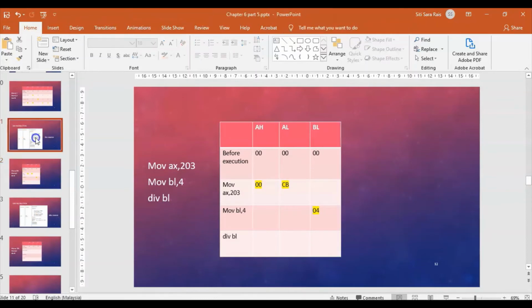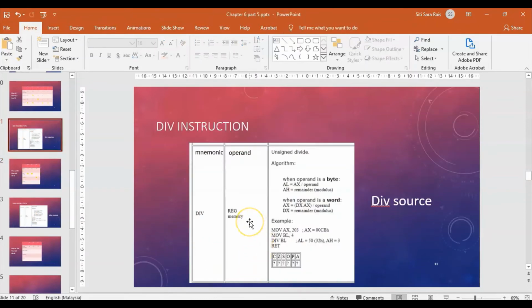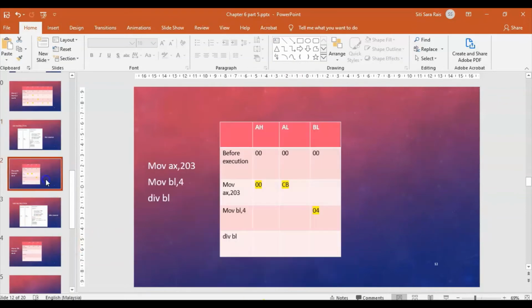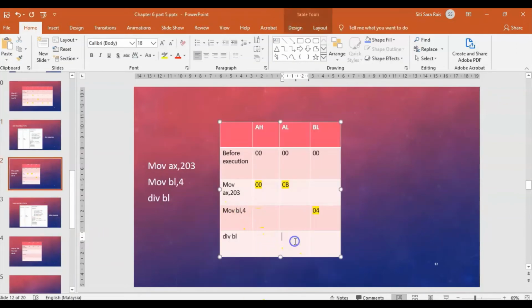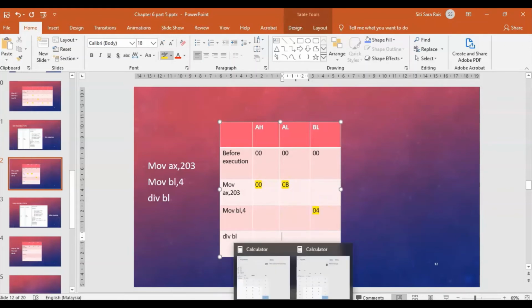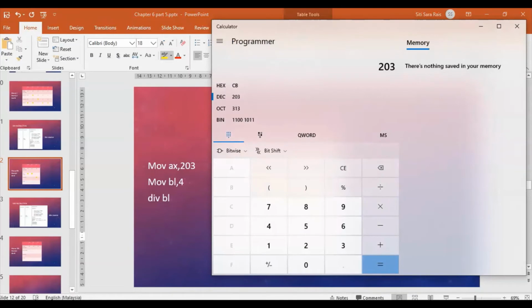Go back to our instruction set. AX will be divided by the operand and saved in AL, so AL will change. It changes depending on the values, 00CB divided by 04.